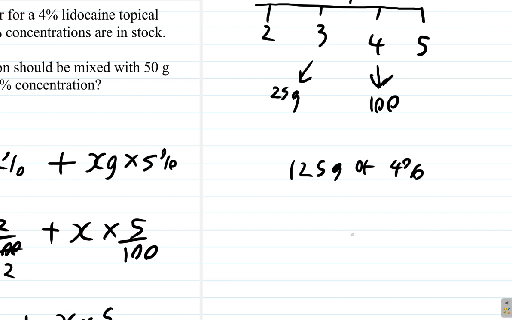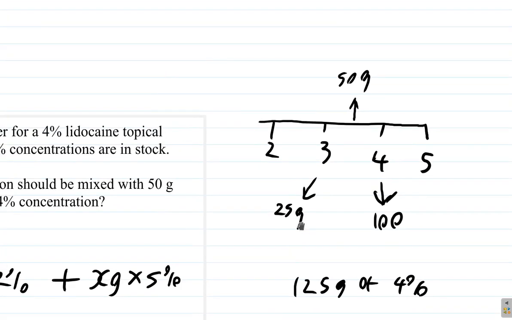Alright? The 4% lidocaine topical cream. So here we have 2% and we have 5% mixture. To go from 2 to 3%, we need to add the 5%, only 25 grams.